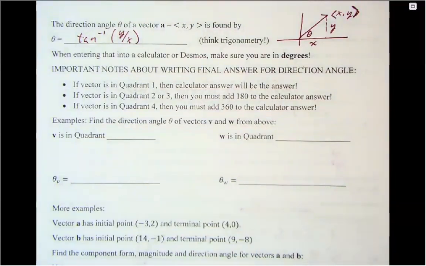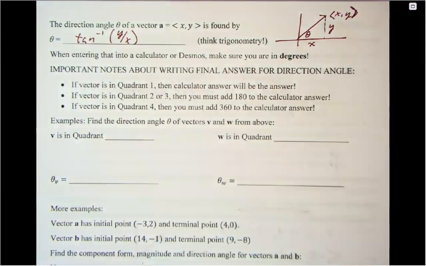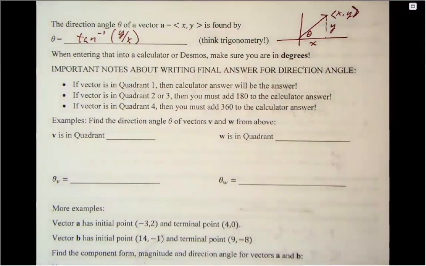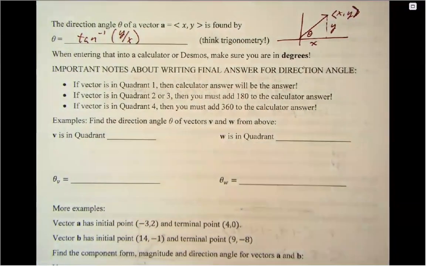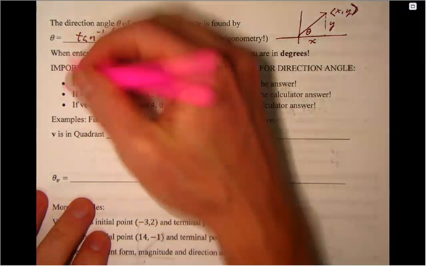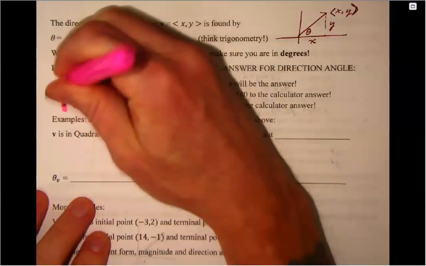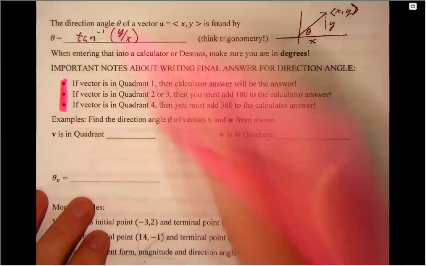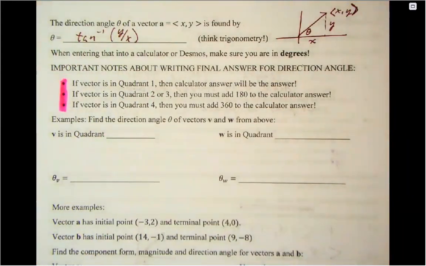Now, super important point. I'm actually going to grab a highlighter so it shows up a little better. This goes back to what we did a few weeks ago. I'm not going to get into the gritty details, but when you're finding the direction angle, please keep this handy and make a note of those 3 bullet points.